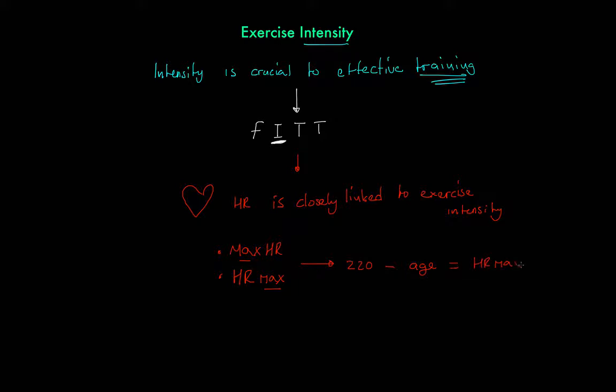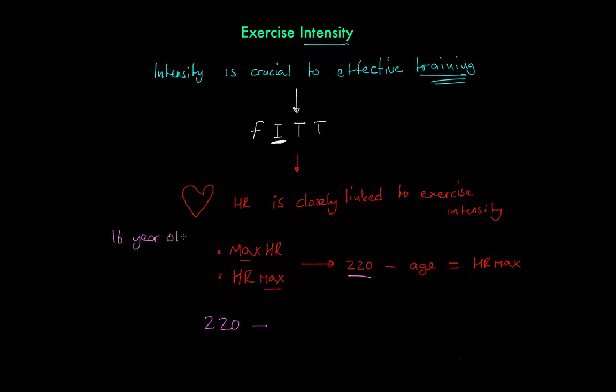So let's look at a couple of examples. Let's think about someone who might be taking part in this tutorial. Let's say that we've got the figure of 220, and we're going to take the age away, let's say we've got a 16-year-old dancer.